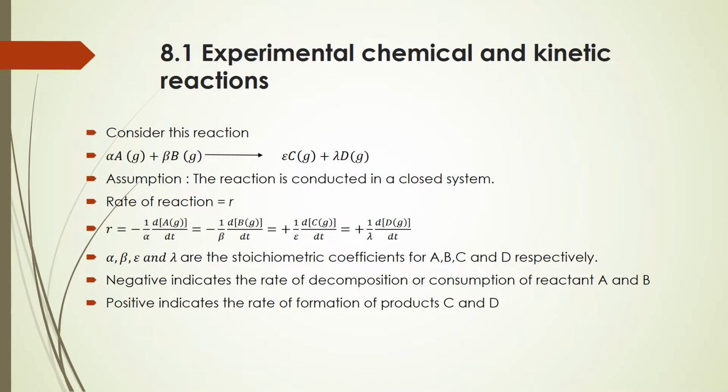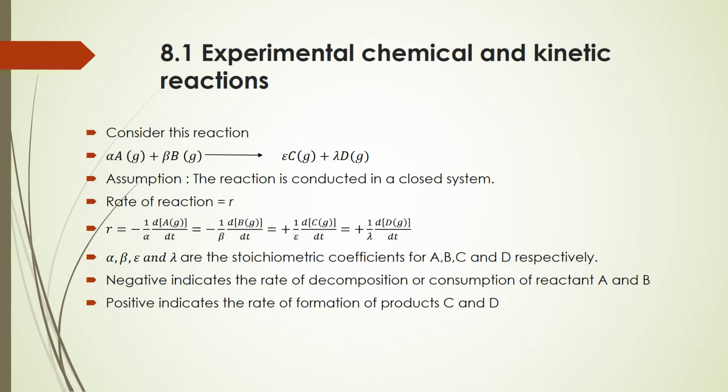In order to calculate R, the rate of reaction, we need to know the stoichiometric coefficient for each of the reactants and products. As we see here, R equals minus 1 over alpha dA over dt, equals minus 1 over beta dB over dt, equals plus 1 over epsilon d concentration of C over dt, equals plus 1 over lambda dD over dt.